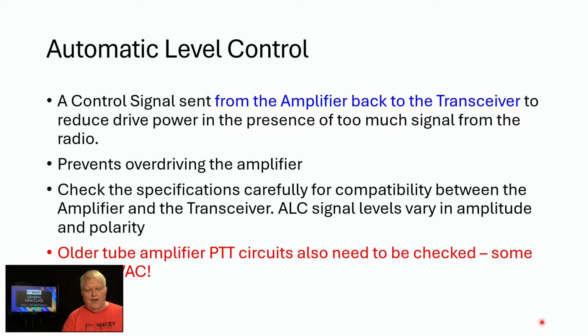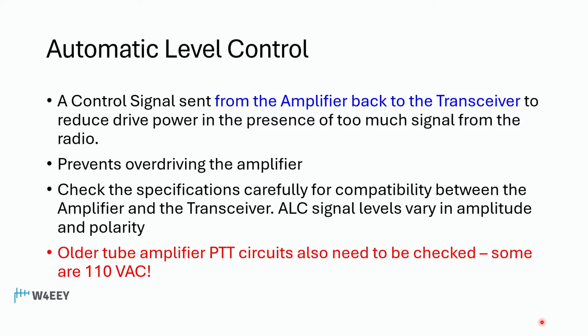Amplifiers may also have something called automatic level control. It's a control signal sent from the amplifier back to a transceiver that reduces drive power in the presence of too much drive. There's also a push-to-talk circuit that has to be connected between your radio and the amplifier.